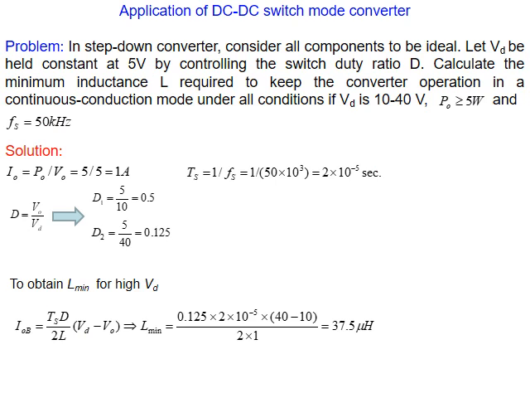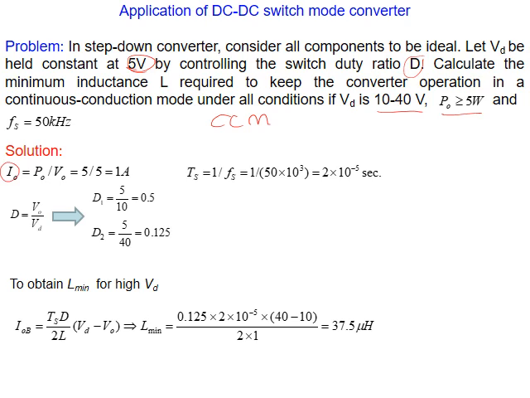Another example. A step-down converter, consider all components to be ideal. Let VD be held constant at 5 volt. This is V deliver, the input. By controlling the switch duty cycle D, calculate the minimum inductance L required to keep the converter operating in continuous conduction mode under all conditions if VD is in a range of 10 to 40 and power P out is 5 watt.